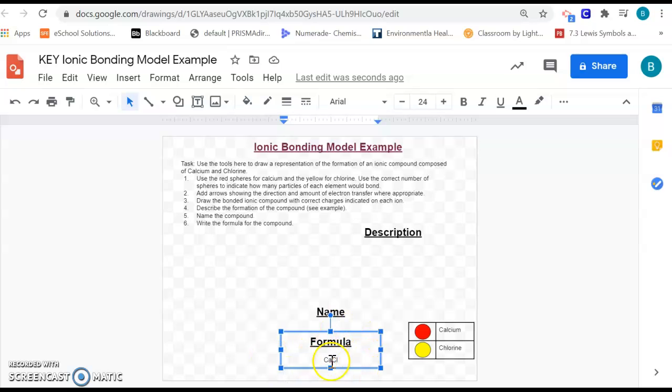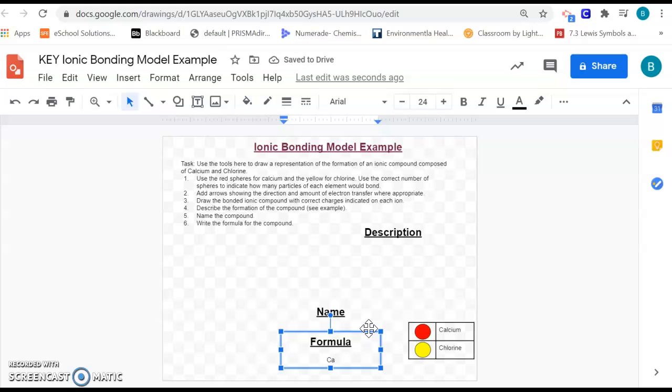And we want to make this neutral when they bond. So if we have a +2 and a -1 for the charges, and we want them to be equal, we're going to have to add another chlorine to make it +2 and -2, so they're equal.